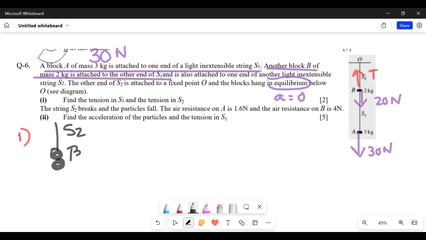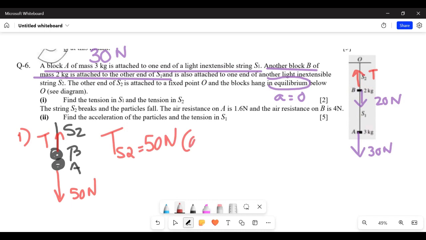S2 ने दोनों के वेट्स उठाए हैं. सो टोटल डाउनवर्ड हो गया 50 न्यूटन्स और अपवर्ड तो हो गया टेंशन इन स्ट्रिंग S2. सो टेंशन इन स्ट्रिंग S2 इज 50 न्यूटन्स, क्योंकि एक्सेलरेशन तो जीरो है, तो MA जीरो हो गया. तो फॉरवर्ड फोर्स हो गई बैकवर्ड फोर्स की.